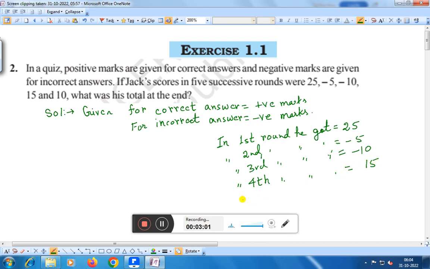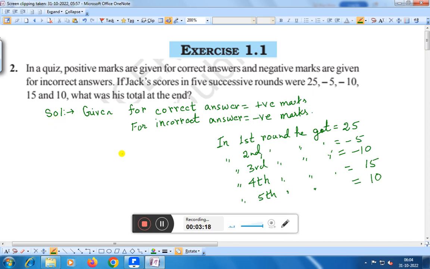And in the fifth round, he got 10. But we have to find the total score at the end.